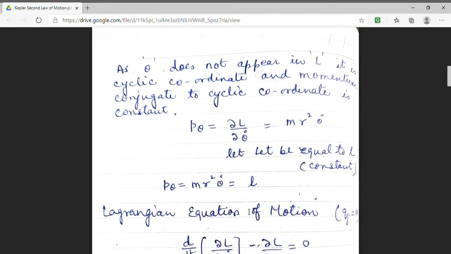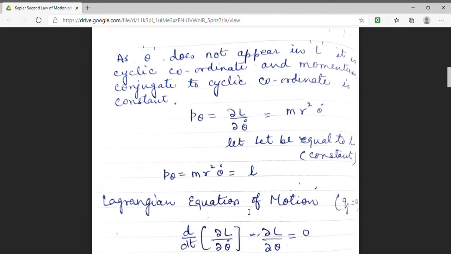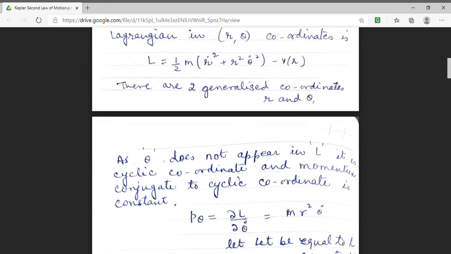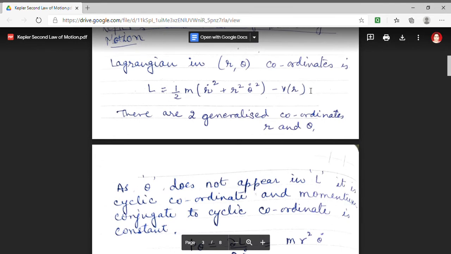Now, since I have two generalized coordinates r and theta, first of all, I am going to solve the Lagrangian equation of motion for the generalized coordinate theta. The Lagrangian equation is d by dt of del L by del theta dot minus del L by del theta equal to 0. The Lagrangian is expressed by this expression.